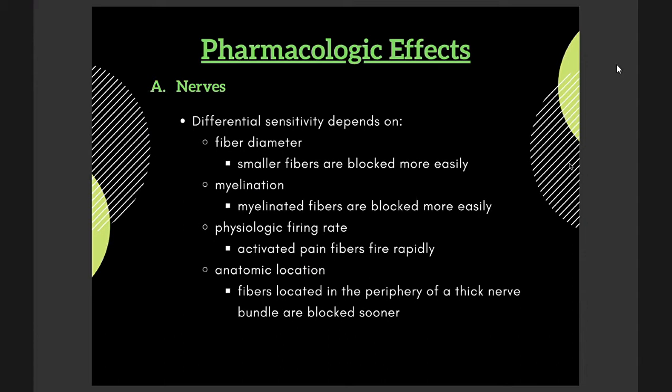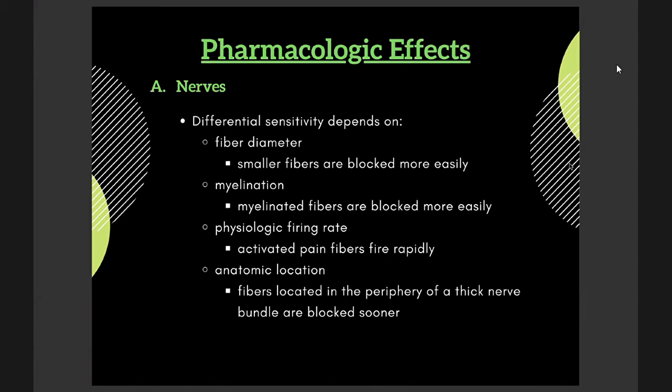Fiber diameter: the smaller fibers are blocked more easily. Myelination: if the nerve is myelinated, it is blocked more easily. Physiologic firing rate: activated pain fibers fire rapidly. Anatomic location: fibers located in the periphery of a thick bundle are blocked sooner.